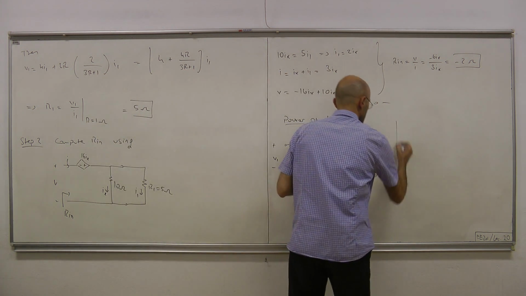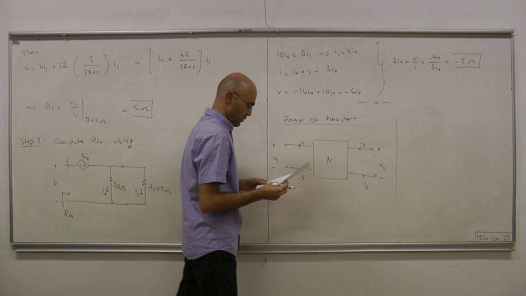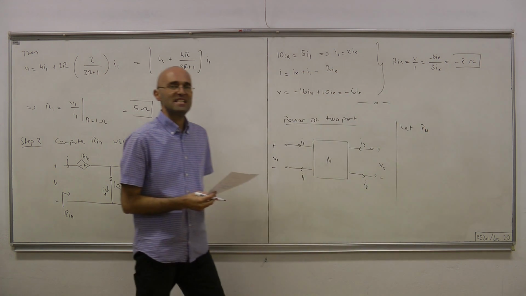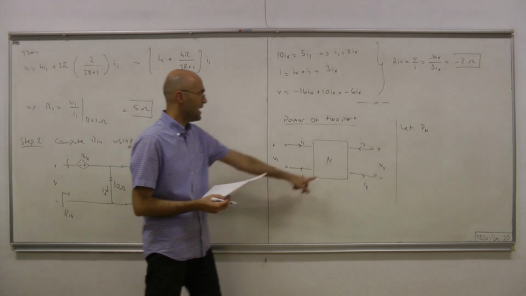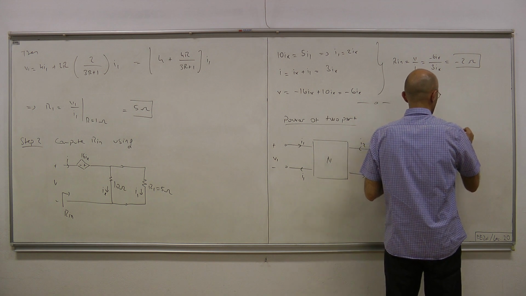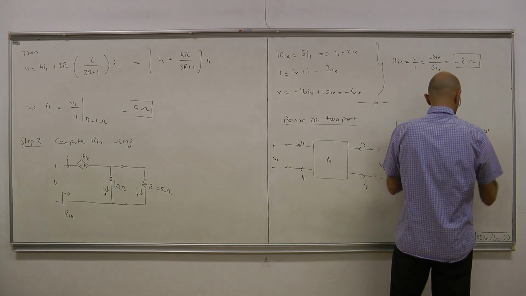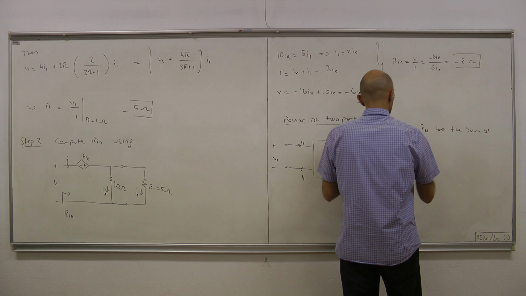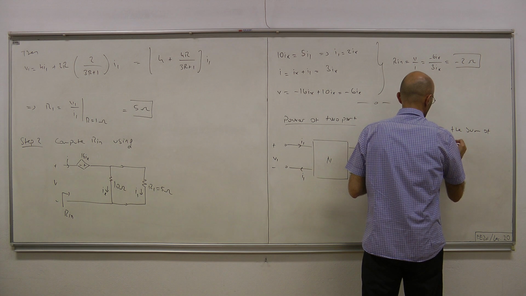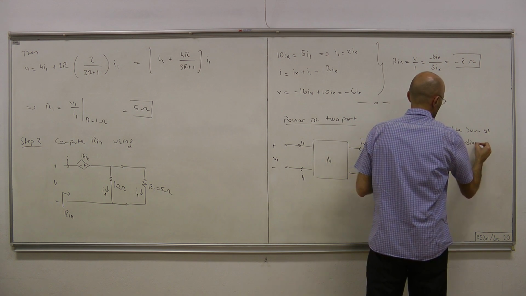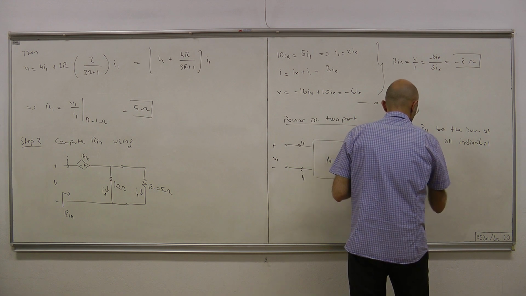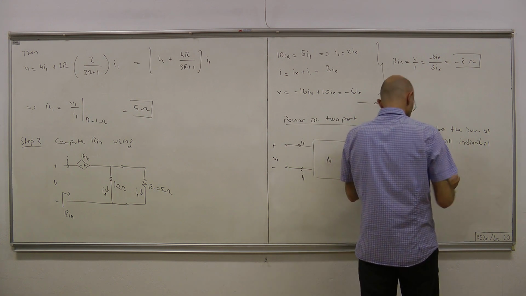Now, for this circuit, we define a quantity that we label P sub N, indicating the circuit N, the sum of powers of all individual components inside.